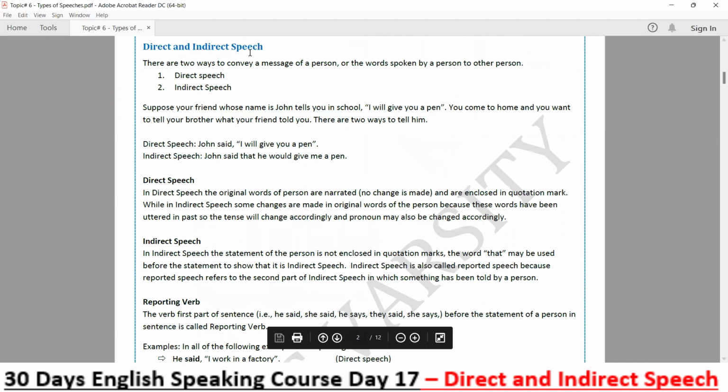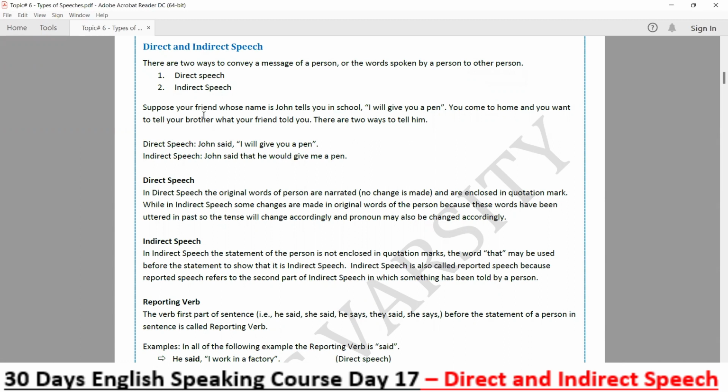Direct and indirect speech. There are two ways to convey a message of a person, or the words spoken by a person, to another person. One is direct speech, another one is indirect speech.